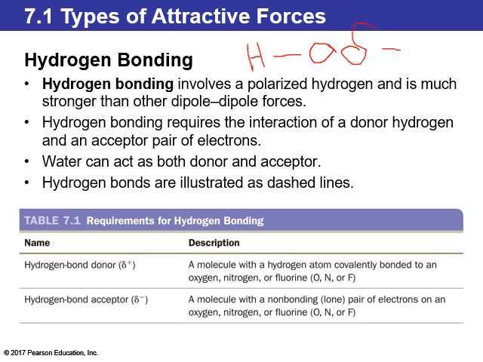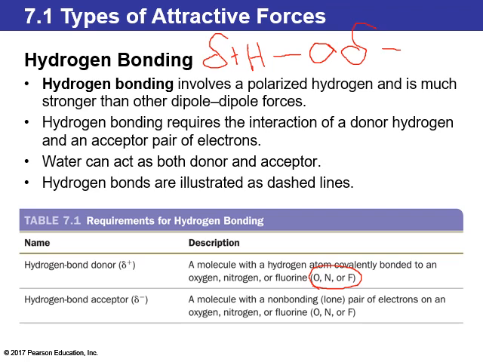That oxygen can really pull that electron in its direction. So this would be a really big partial positive here. The three most electronegative elements that we see commonly are oxygen, nitrogen, and fluorine. So oxygen, nitrogen, and fluorine can be involved in hydrogen bonding.